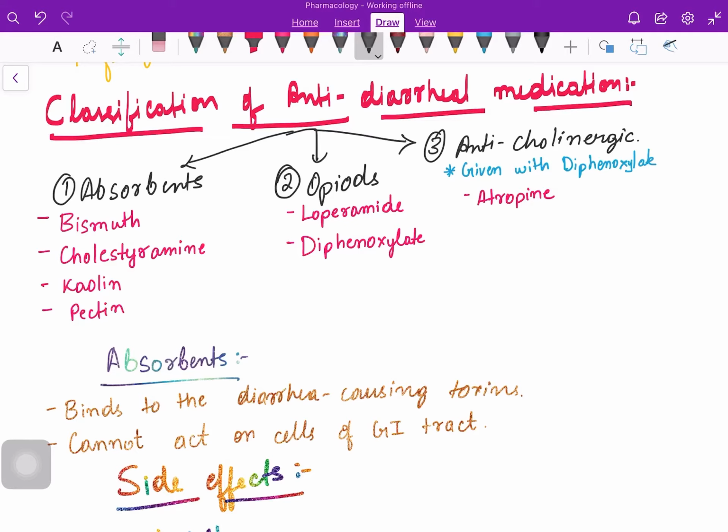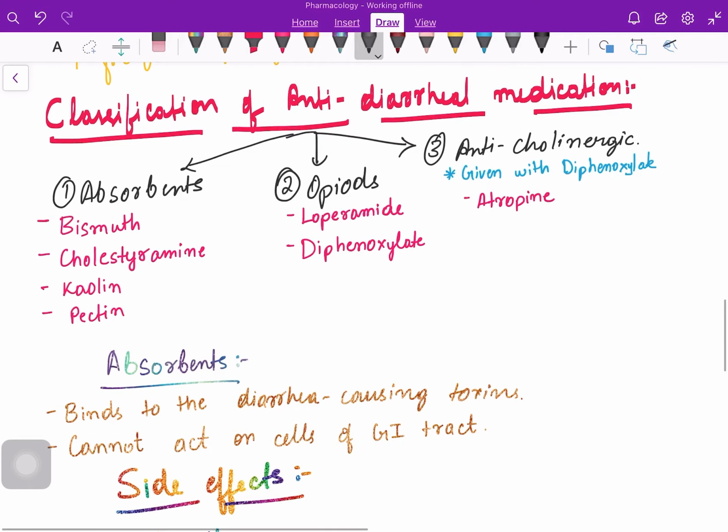Second is opioids, loperamide and diphenoxylate. Third is anticholinergic, but anticholinergic is not an individual group of antidiarrheal. It is given in combination with diphenoxylate, and atropine is given in combination with diphenoxylate.